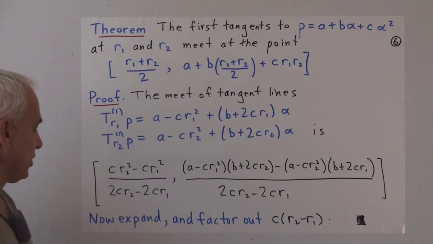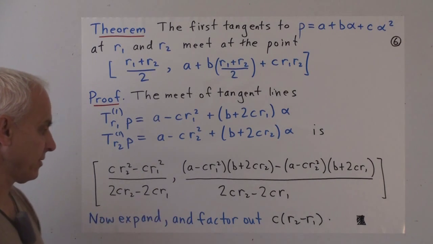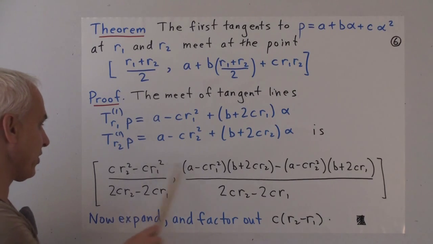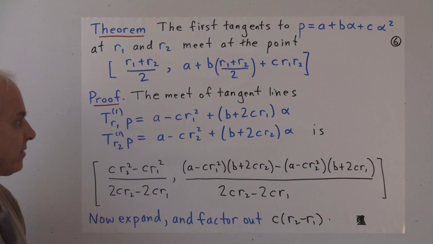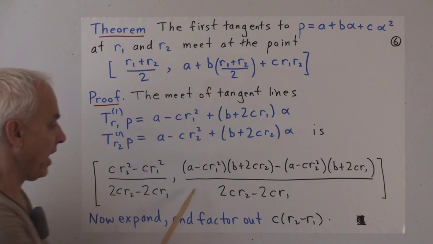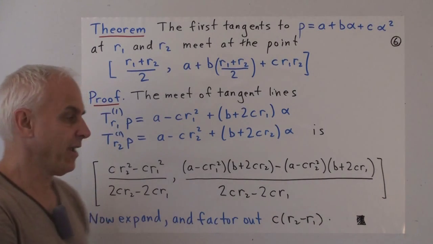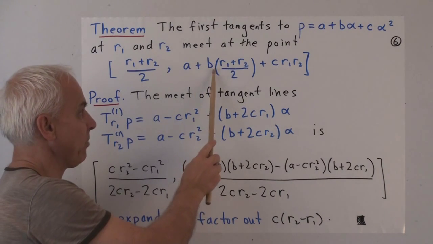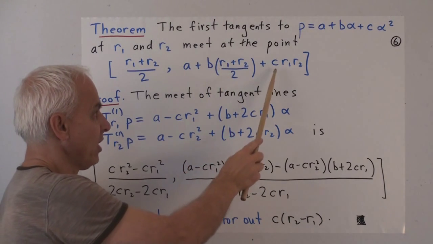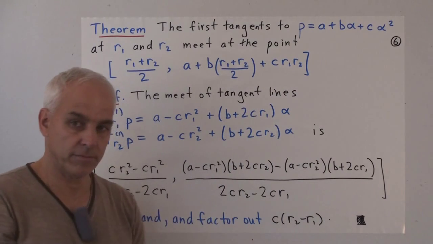Okay, so then what you do is you expand these two terms out, and it turns out that the numerators in both cases have a factor of C(R2 minus R1), which you can cancel. And this thing here becomes (R1 plus R2) over 2, and then you can check, it's an exercise, that when you do the expansion and divide by the common factor, you can get A plus B (R1 plus R2)/2 plus C R1 R2.